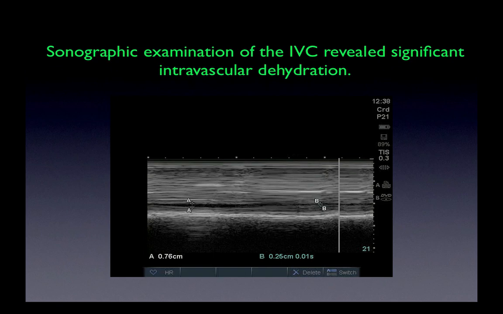Here we can see at point A, calipers were used, and the diameter of the inferior vena cava was quite small at 0.76 centimeters. There was near collapse or coaptation of the inferior vena cava at point B, where it was a mere 0.25 centimeters.